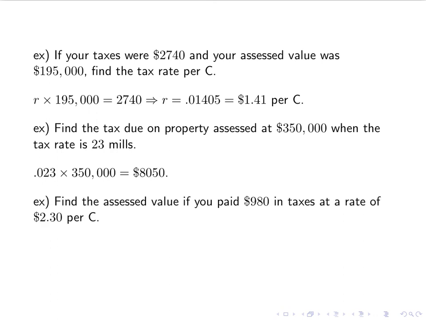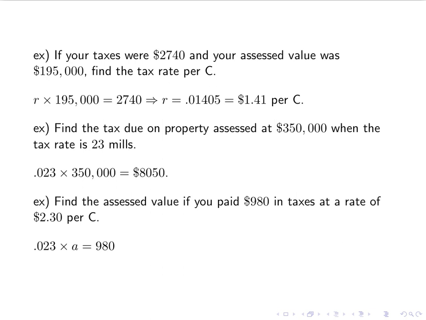And as a last one, find the assessed value if you paid $980 in taxes at a rate of $2.30 per C. So again, we change $2.30 per C into a decimal. And if we notice, it's actually the same decimal as the previous one.